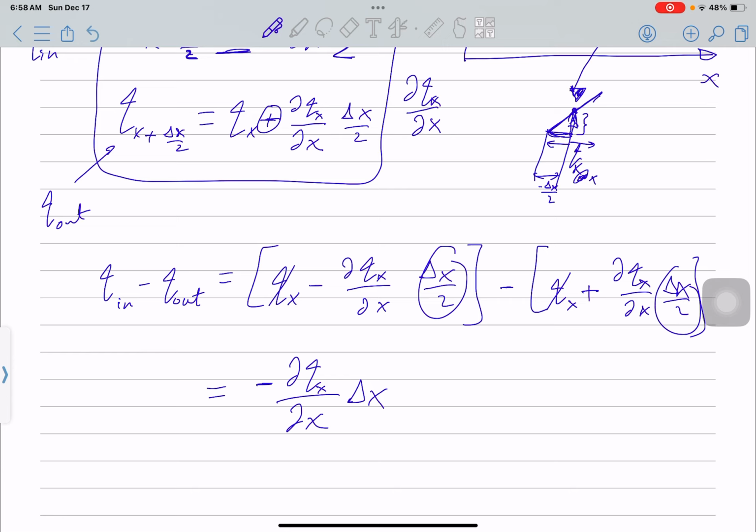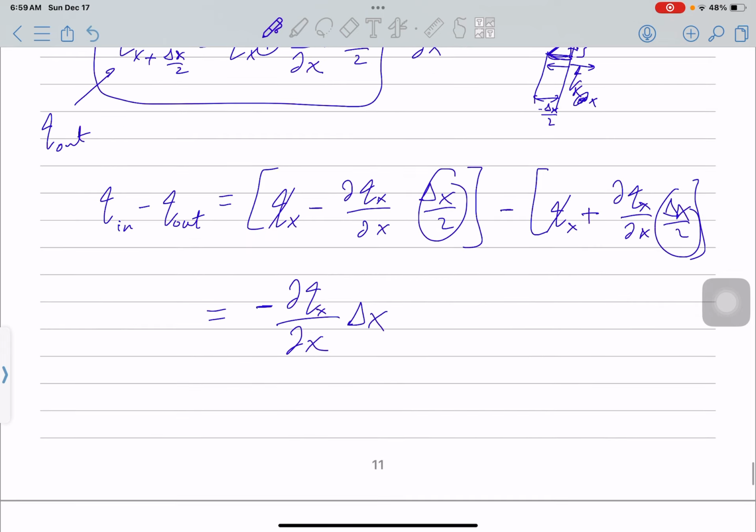Positive will become negative because of the sign, and here we have negative delta x over 2 minus negative delta x over 2, which will give us delta x. So that is the result in the x direction.